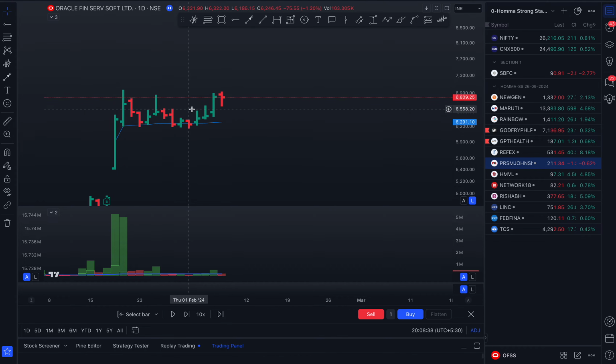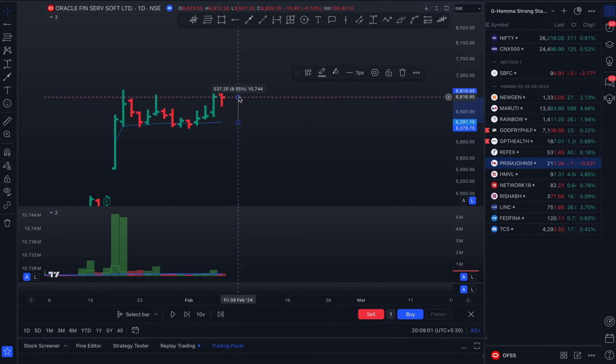From that point onwards, on 7th February 2024, the price is 6,816, but the average price a buyer got from this day is here, 6,279. So on average, the buyers are at a net profit of 8.5%, right?